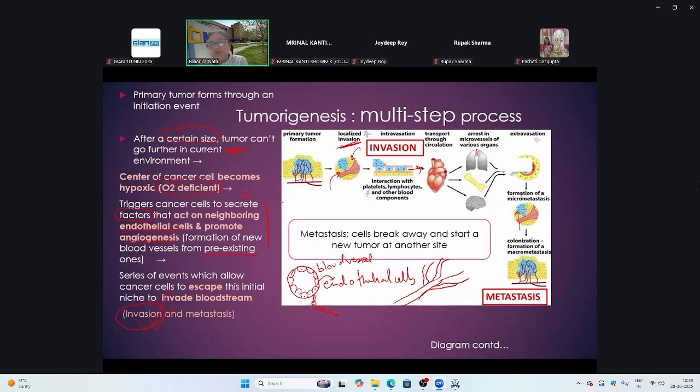There is no guarantee that it will work, but many times it starts to colonize. So the word is colony formation, just like you live in a neighborhood. So colonization, and then it forms another tumor at the distant site. Let's say it went to the liver. So now there is going to be liver cancer, but we'll call it a liver metastasis.